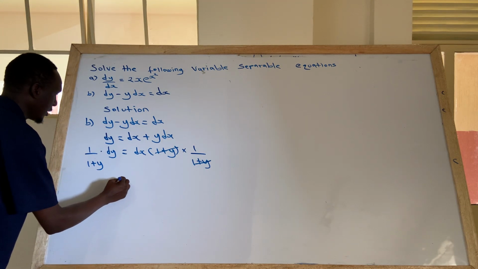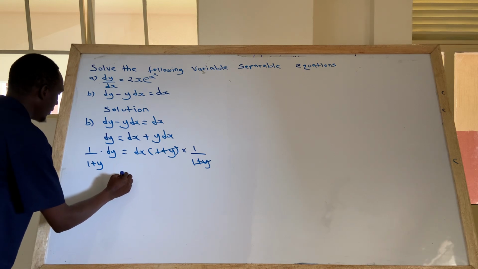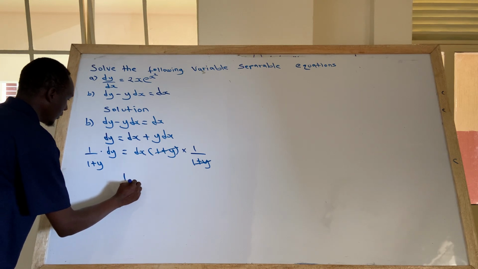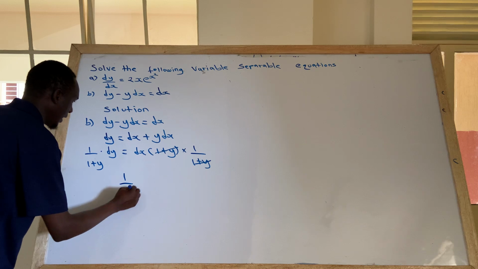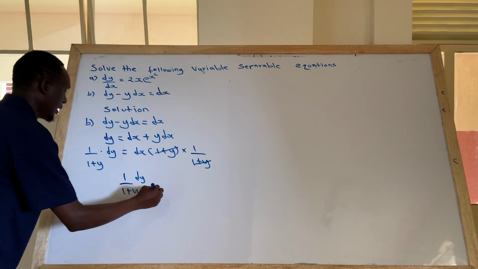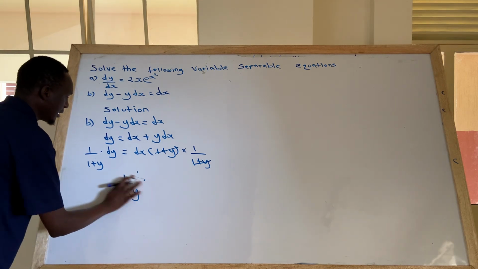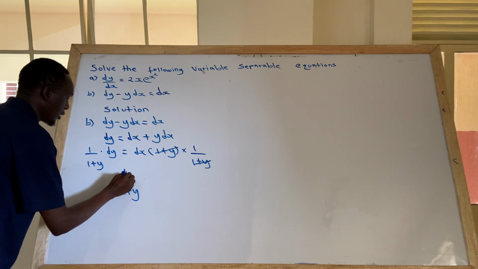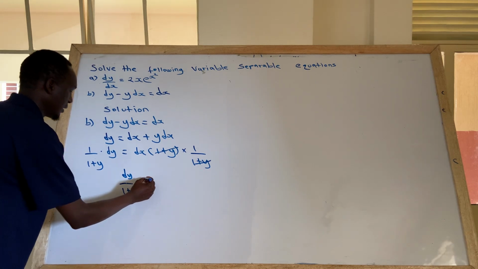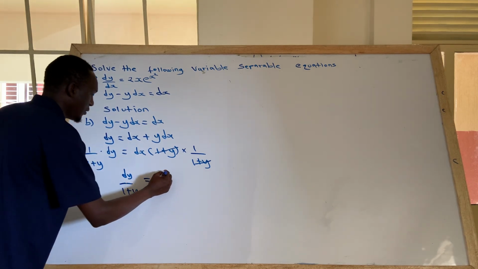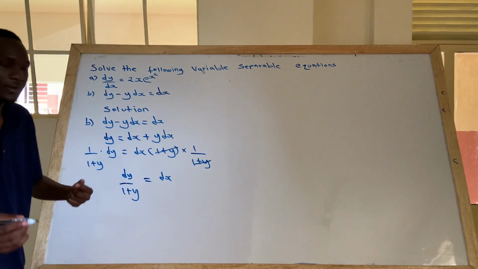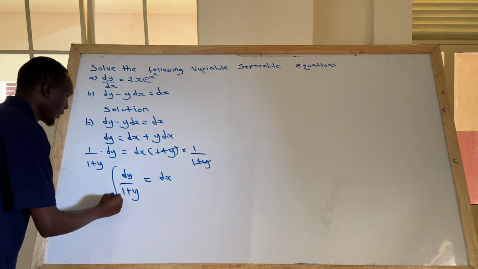On this side, we have 1 over 1 plus y dy, we can simply write dy over 1 plus y is equal to, on this side, dx. Then we just introduce the integrals.